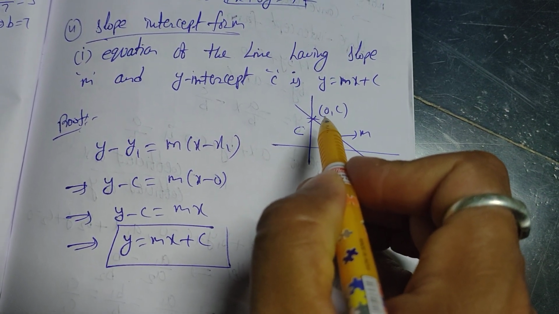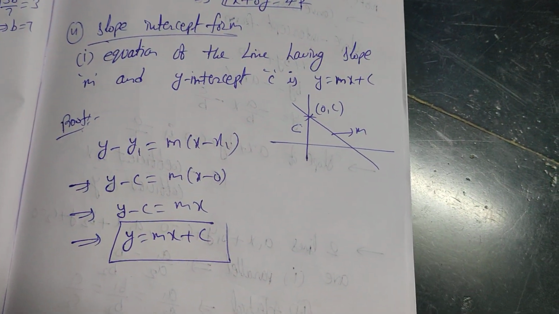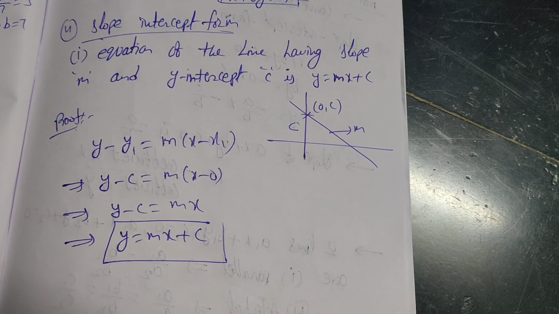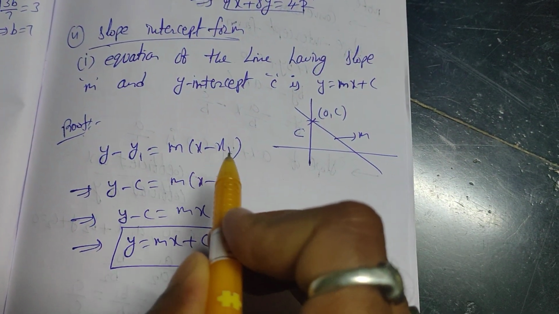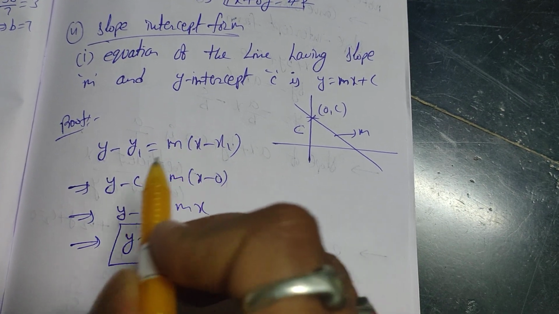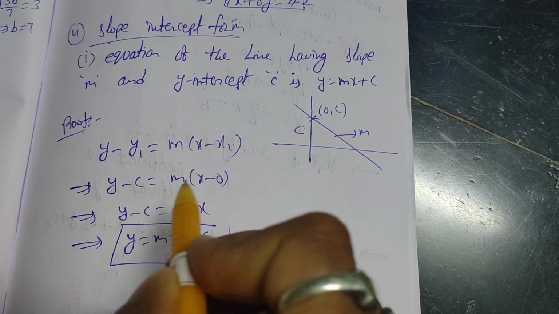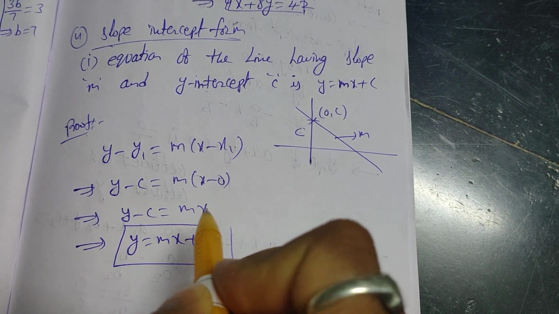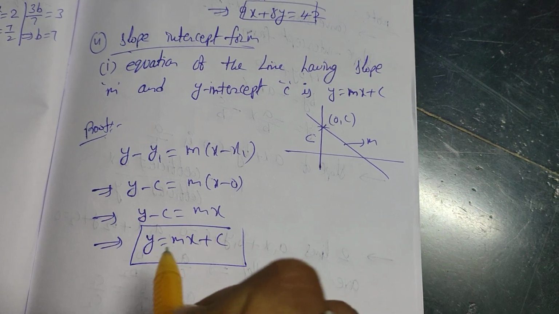This is the line passing through 0 comma c and having slope m. So the equation of the line having slope m and passing through x1 comma y1 is y minus y1 is equal to m into x minus x1. Here y1 means c, x1 means 0. That means y minus c is equal to m into x minus 0, that is mx only. If you transfer minus c to that side, we get y is equal to mx plus c.